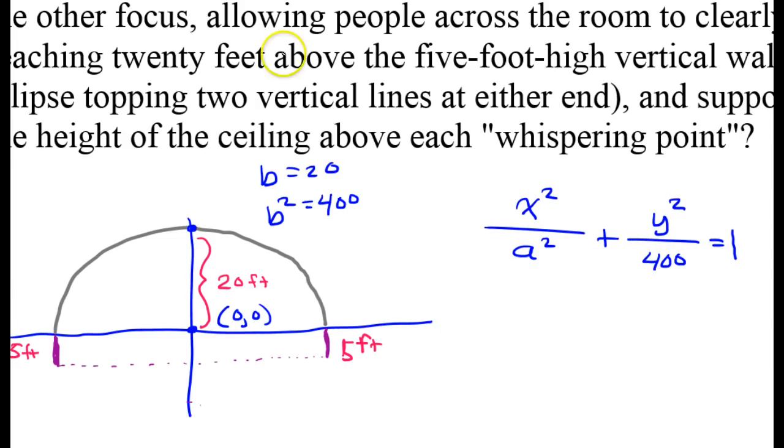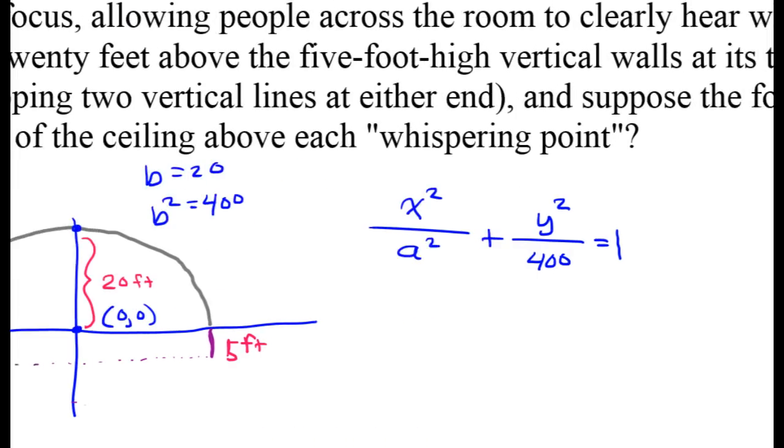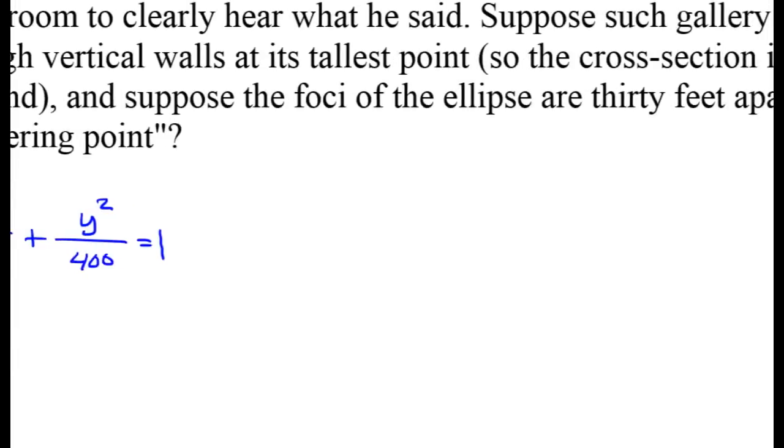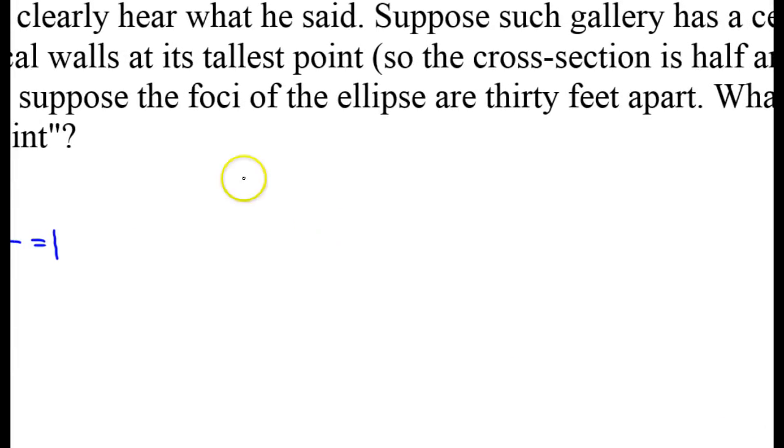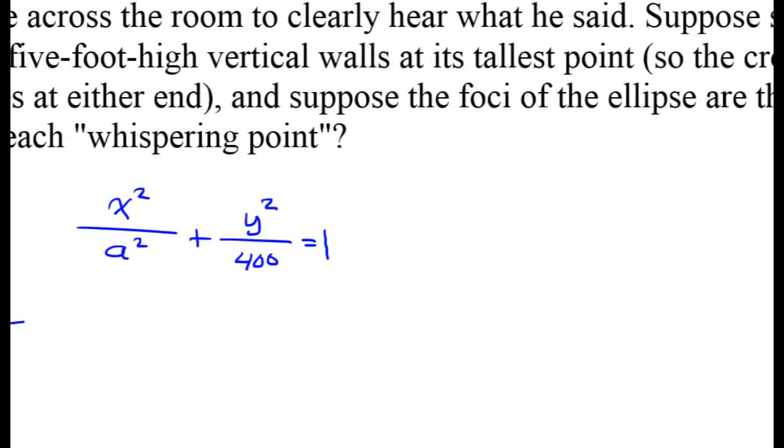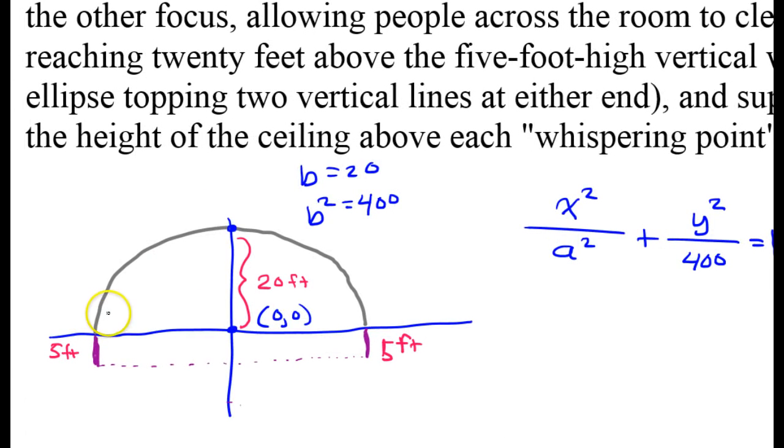Now, they gave us one more piece of information that I have not included in the picture yet. They said that the foci of the ellipse are 30 feet apart. So the foci of the ellipse are on the same line with the center, and so these are 30 feet apart.